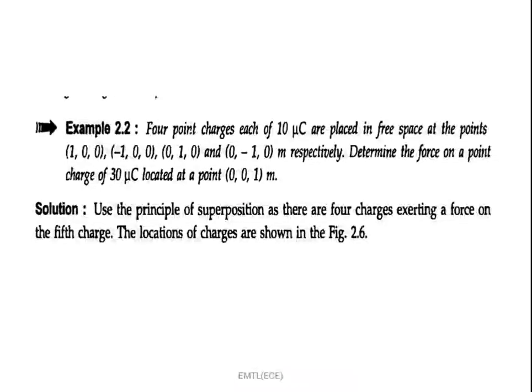Four point charges, each of 10 microcoulombs, are placed in free space at the points 1, 0, 0, minus 1, 0, 0, 0, 1, 0, and 0, minus 1, 0 meters respectively.